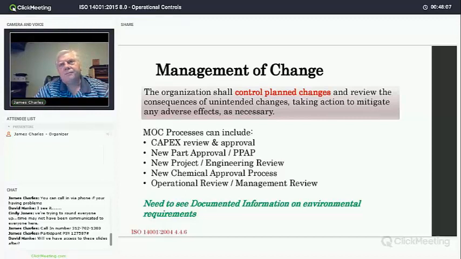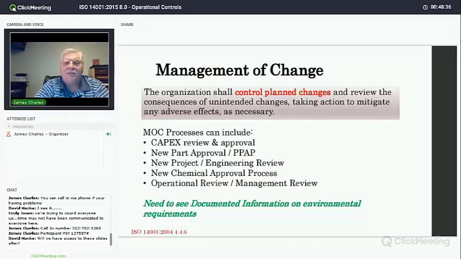So in 6.1.2, I'm trying to get these memorized, it talks about changes in aspects. Well, in 8.1, it says the organization shall control planned changes and review the consequences of unintended changes, taking action to mitigate any adverse effects as necessary.